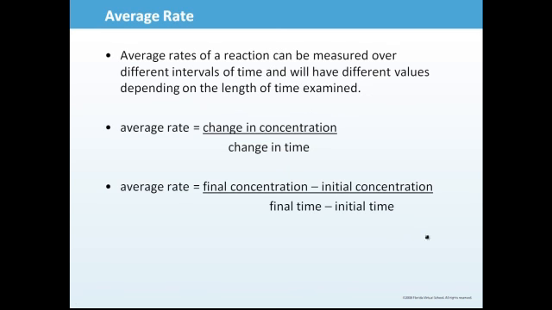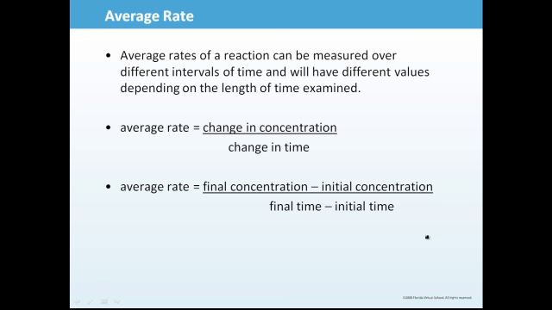Since we're dealing with average rate when we're talking about change in concentration over change in time, we want to talk about the actual calculating of average rate. Whenever you take the average of something, we're simply taking the total and dividing it by however many are involved. If you have 3 different assignment grades and you're asked to get the average, you would add them together and then divide by 3.